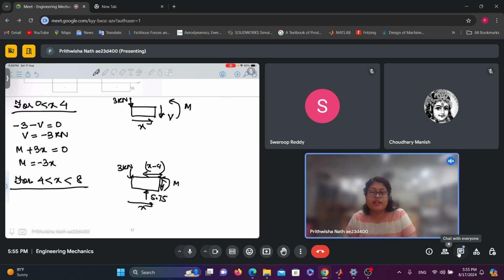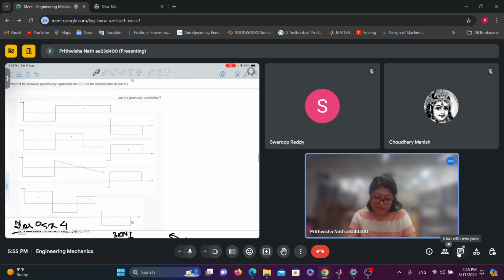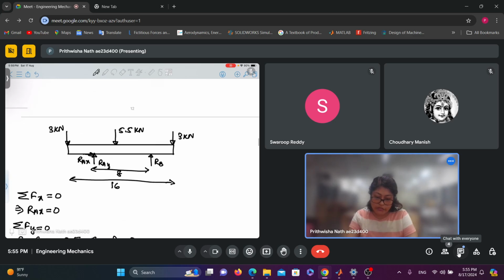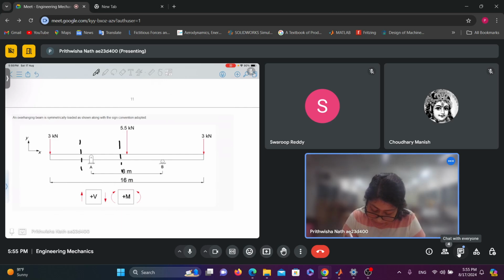No, this distance. We are considering first any arbitrary distance x from the free end up till here. So I'm starting from this edge, like this is my starting point of x, right? So up till here it is 8. Is this point clear to everyone?